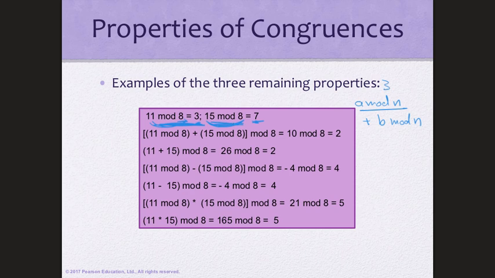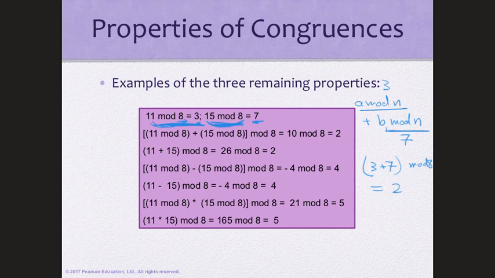And this is this, which will give me 7 in this example. So if I add 3 plus 7, and then do the whole thing mod 8 again, this is equal to what? 10 mod 8. What's 10 mod 8? 2. The remainder of dividing 10 by 8 is 2, right?